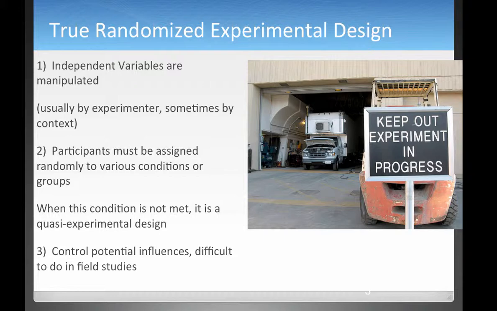Secondly, the participants in your experiment must be assigned to the group randomly. If you don't have random assignment to groups, it's only a quasi-experimental design. So why is randomness so important?